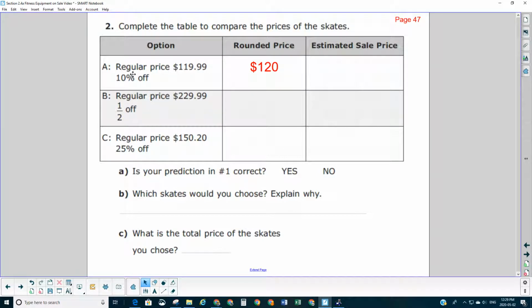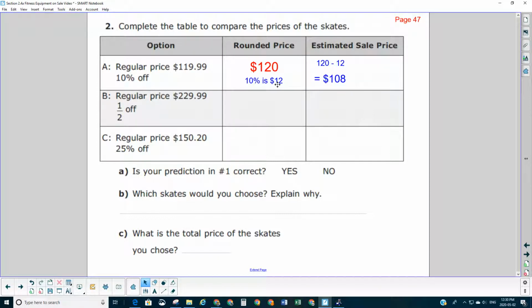We've been doing a lot of 10% in this unit. 10% means just divided by 10, which means we move the decimal place 1 decimal place to the left. And 10% of 120 is just 12 bucks. So that's how much we're saving. So you can take that $12 off the 120, and I think we can figure out that that's going to be $108.